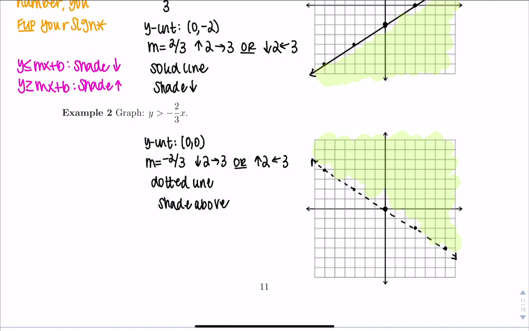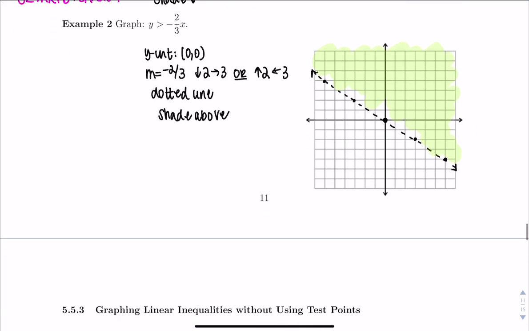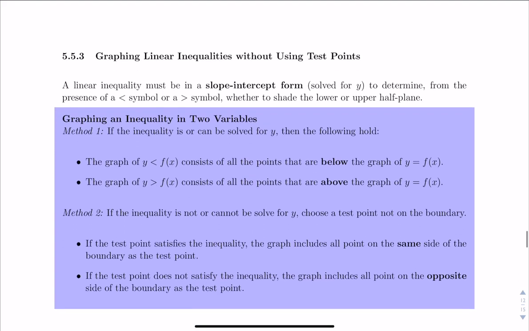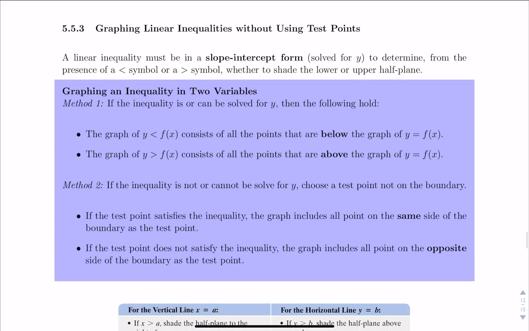And so this is the concept that I like to use, graphing linear inequalities without using test points. A linear inequality must be in slope-intercept form to determine from the presence of a less than or greater than symbol whether to shade the lower or upper half plane.